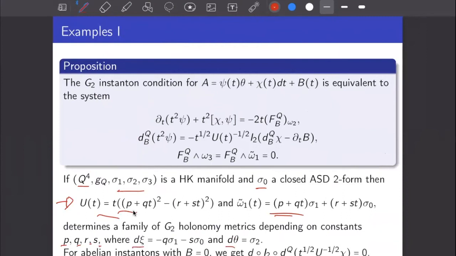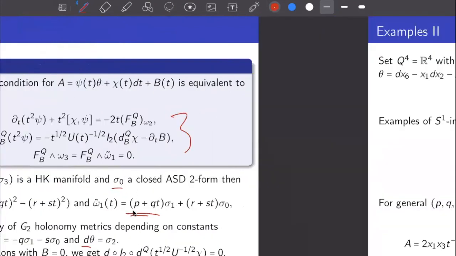In the case of abelian instantons, when the gauge group here is S1, if we just set the connection form on our hyperkähler manifold to be 0, then the whole system reduces to a single condition involving this rescaled Higgs field chi. And we can very easily solve the system in the following setup.